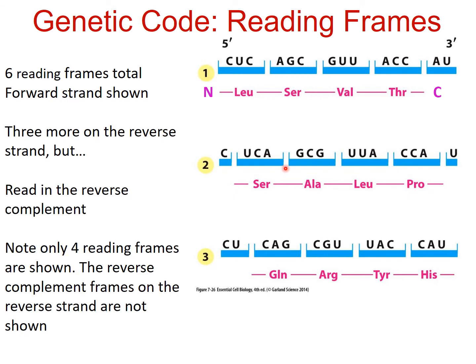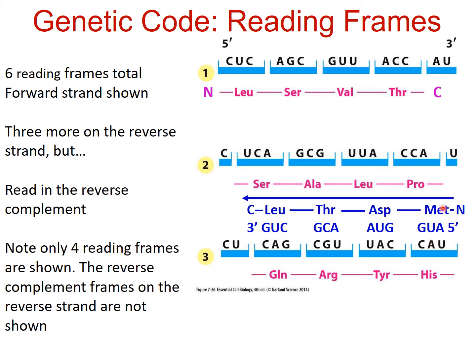However, you can have 3 more that are on the reverse strand. These will be read in the reverse complement orientation. I'm only showing one example here. So if the DNA is read and it transcribes the opposite strand, and I've just written that on top here, now it's going 5' on the right-hand side, and reading the codons in the reverse complement orientation, we will get different amino acids incorporated, and it could be a distinct protein.